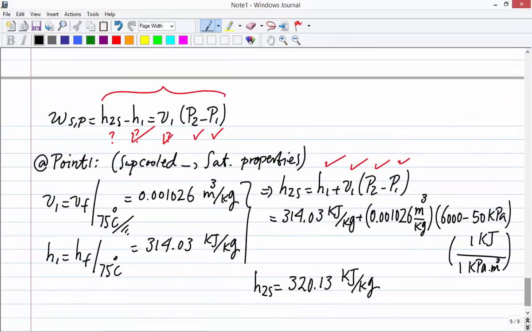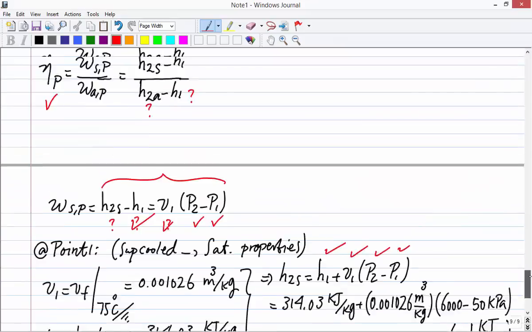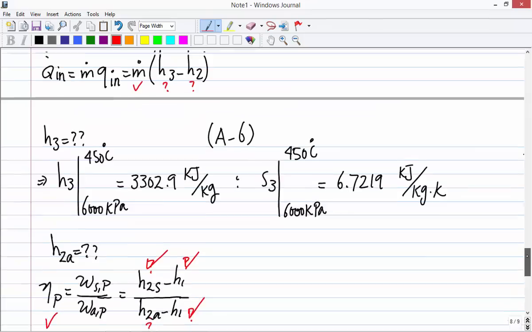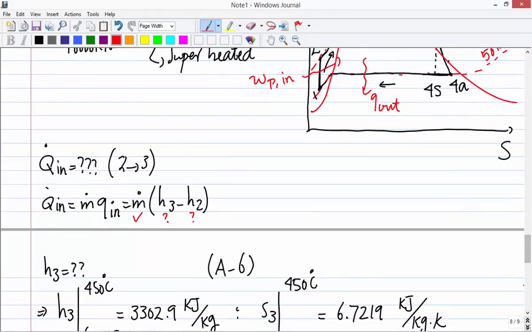So I'm solving for H2S to go up there. H1 we know now it's HF at 75 degrees C, and we have this, so we know H2A, and then we got H3 and H2A. So if we put it there, that's the actual number, right? Here I got that, and I'm gonna solve this one, then I can solve for the question. That's it.